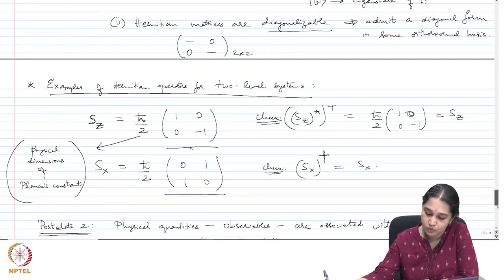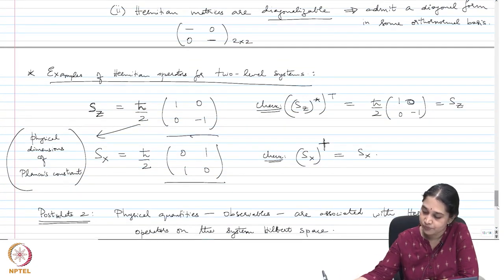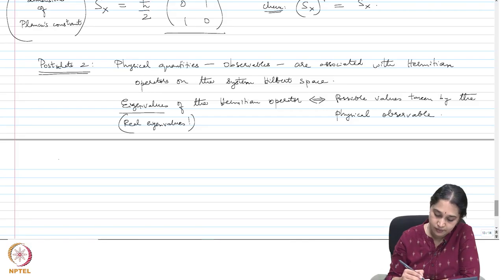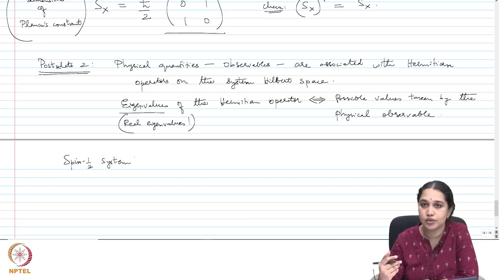So what are these two operators that I wrote down here? Again, let's revisit the two-level system. Now I am going to talk about the particular two-level system, namely the spin-half system. While I will describe postulate 2 and maybe postulate 3 with reference to spin-half systems, whatever I say here holds for any other two-level system.